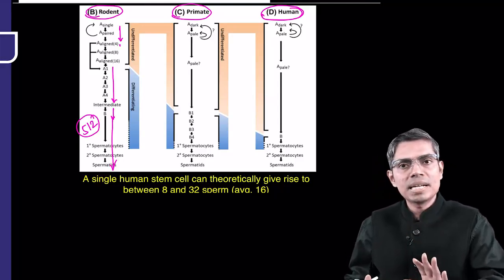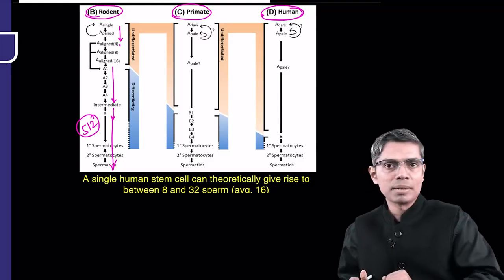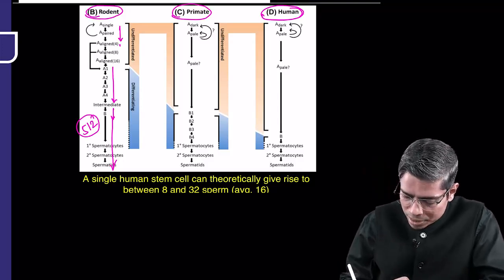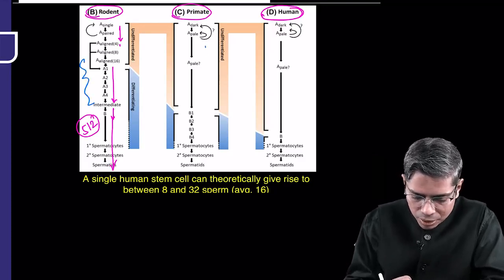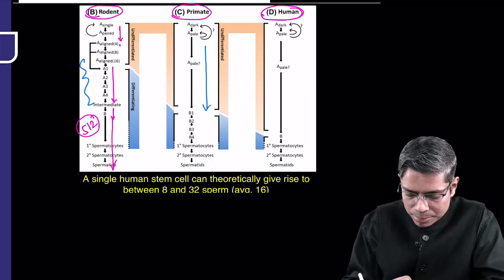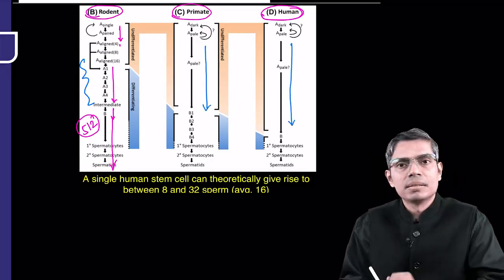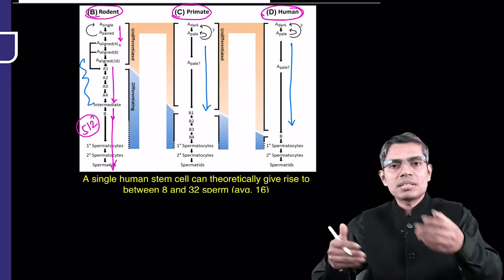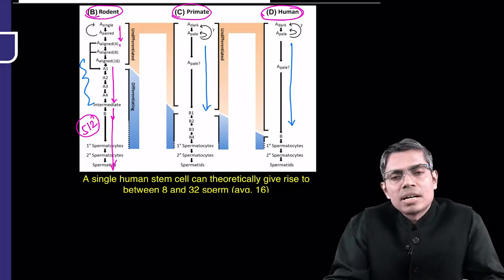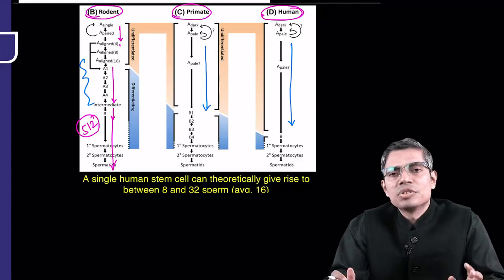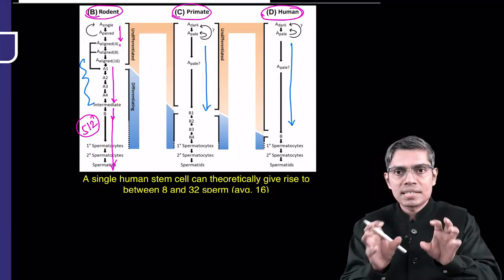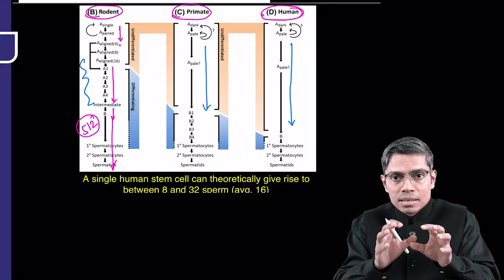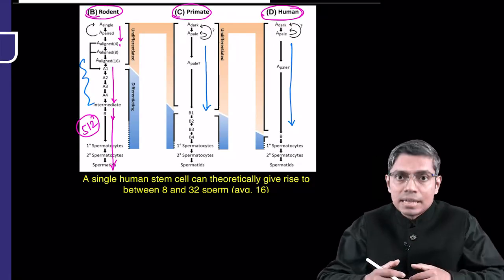In the case of primates as well as human beings, all of these steps which are occurring here are not there. You can find here there is a big gap. These A1, A2, A3 stages of mitosis do not happen in humans. That's why it is said that in humans, the spermatogonia cells remain patchy inside the seminiferous tubule. They are not continuous.